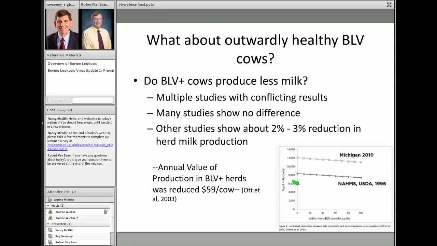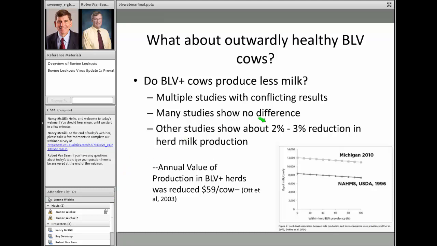And there's a couple of studies here that have showed that the more BLV in a herd, the more percentage of cows within the herd that have BLV, there has been a very slight reduction in milk production. For instance, in one study, it amounted to about $59 per cow in those herds that had BLV. So the bottom line is it may have a very mild effect on milk production.